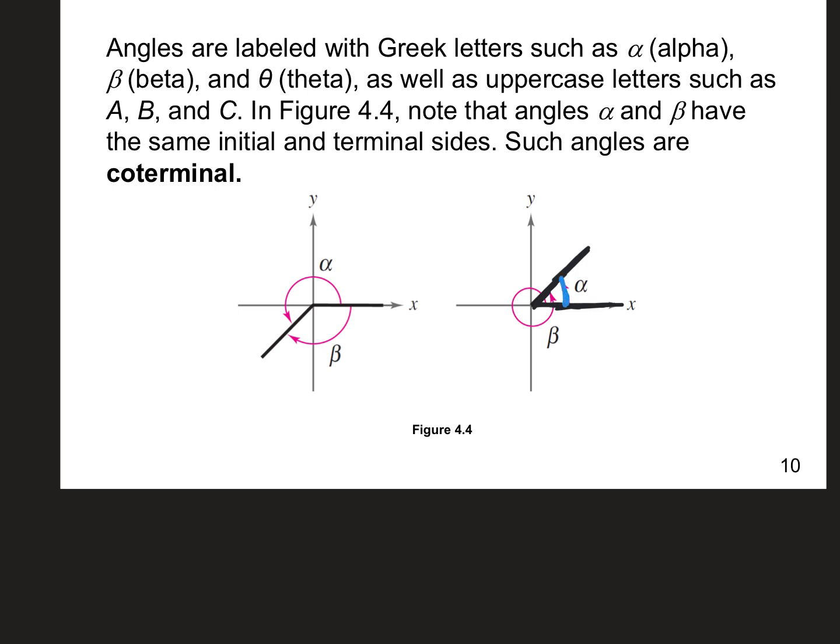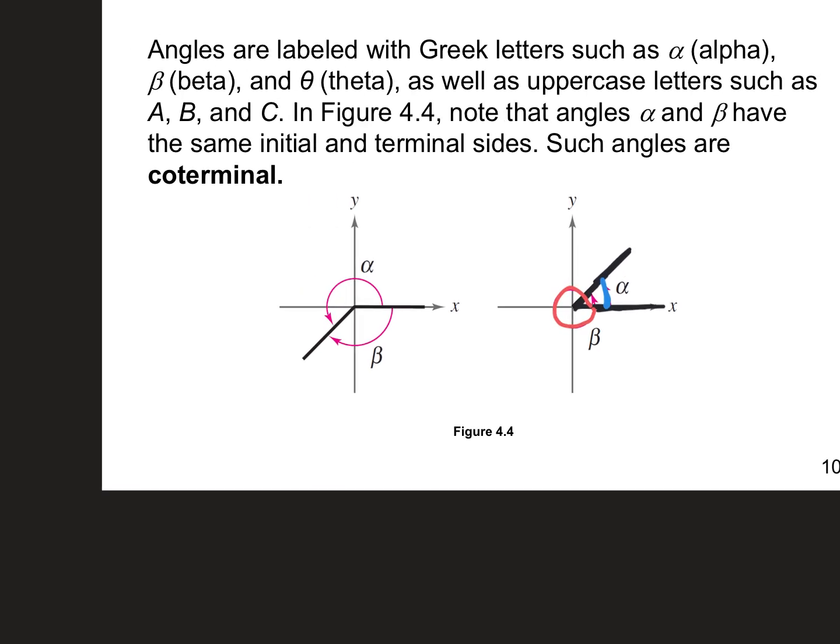But if you went in the negative, you went this degree measurement. But you end up in the same spot. Same thing over here. I have one angle as if I went from the initial side and went this many degrees, or I went from this side and I went this many degrees the opposite direction. I ended up in the same spot. Those are called coterminal angles.